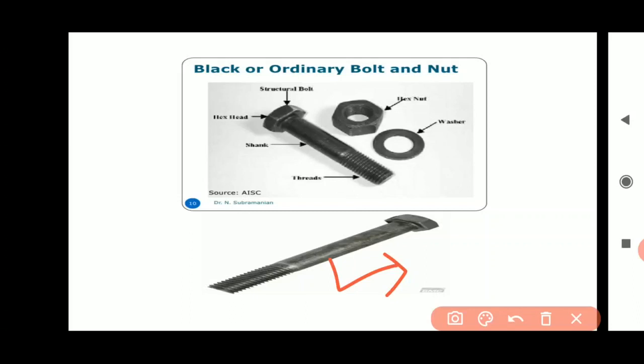These bolts are generally used where the members are subjected to static load, because in case of static load there is no vibration due to the loading. As the shank part is unfinished, there will be loose contact between the bolt and the plate, so this is not used for dynamic loading. This is used for temporary structures, lightweight structures, and static loading.